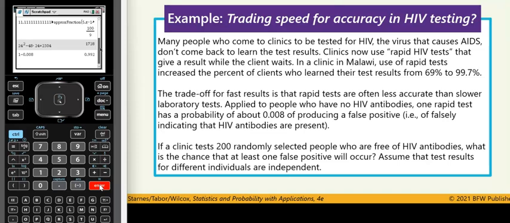So if there's 200 people, that's going to happen for all 200 people. So I think you take that to the power of 200, which is that. So that's the complement of the event happening. So if there's a 20% chance of it not being right, that means it's 80%. Ooh, this is not good.